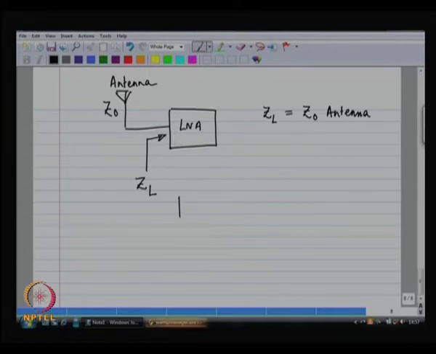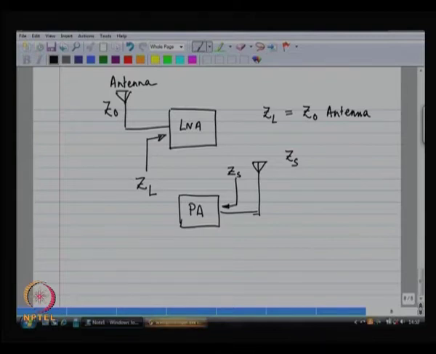When we are designing our system, let us say we are making the transmitter and I am designing the power amplifier that transmits, that pumps out power through an antenna. Then once again the source resistance, now you have control over the source resistance, you would like ZS of the power amplifier.